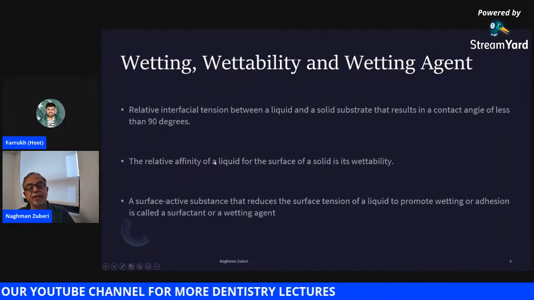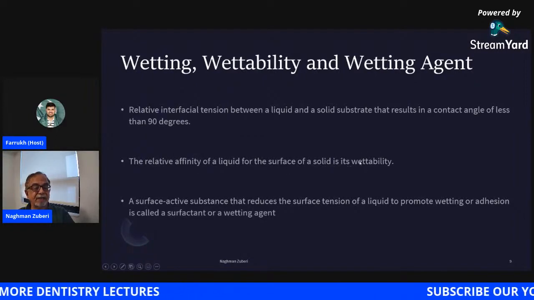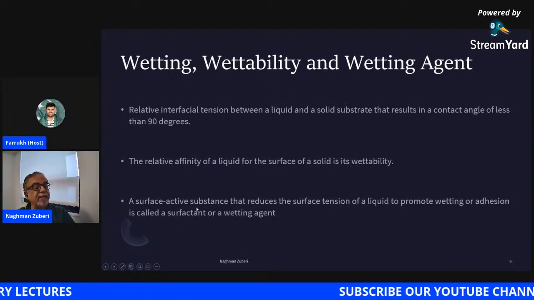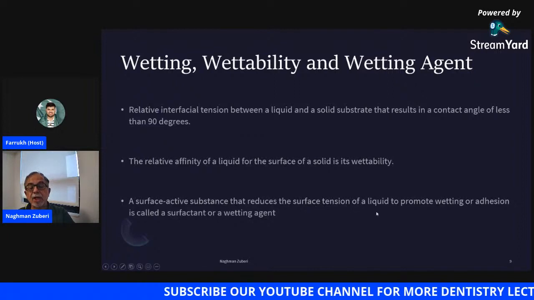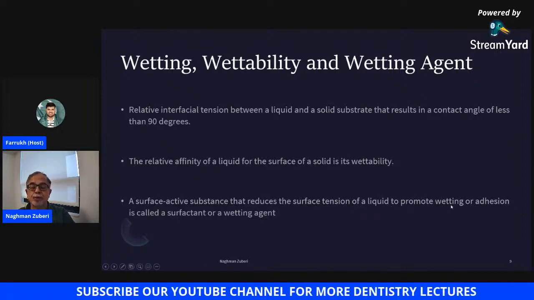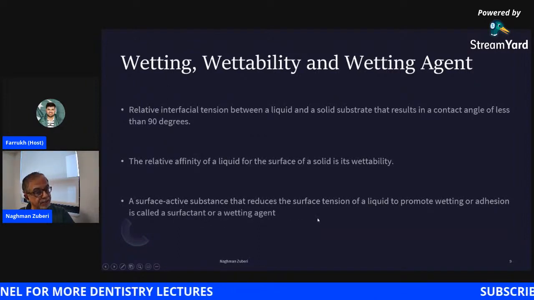The relative affinity of a liquid for the surface of a solid is called its wettability. And a surface active substance which reduces the surface tension of a liquid to promote wetting or adhesion is called a surfactant or a wetting agent.